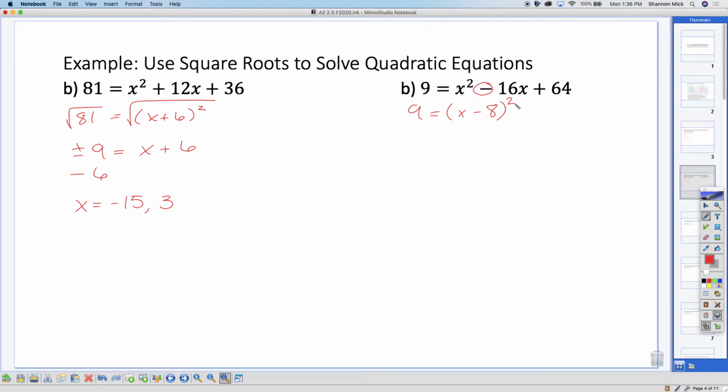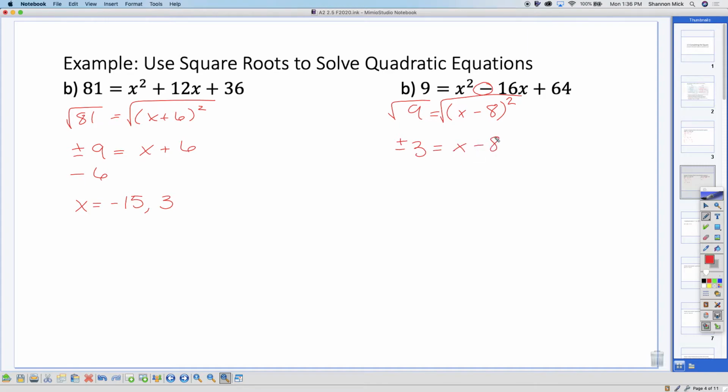Since it's 9, now take the square root. Square root of 9 is what? 3. Plus or minus 3 equals x plus 8.